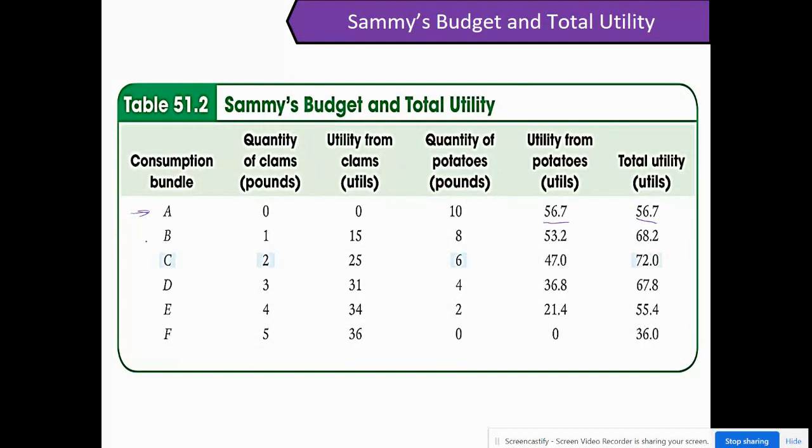But at bundle B, where she's getting 1 clam and 8 pounds of potatoes, 15 plus 53 is 68. And then at C, 2 pounds of clams, she's getting 25 utilities of happiness, and at 6 pounds of potatoes, she's getting 47. We can see her total utility between the two is 72. So her budget constraint says that she should be eating 2 pounds of clams and 4 pounds of potatoes.